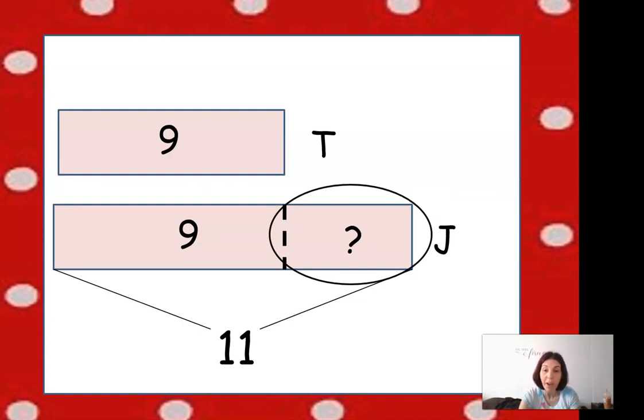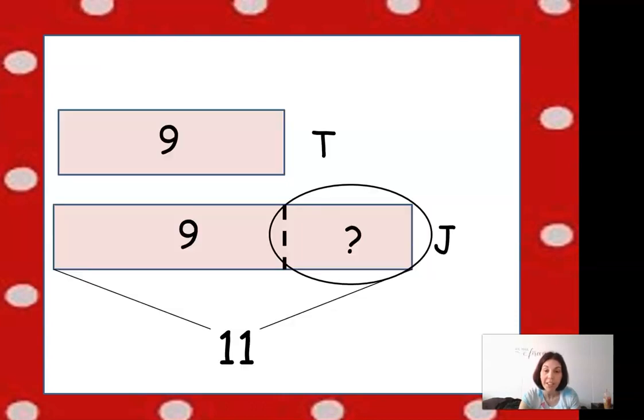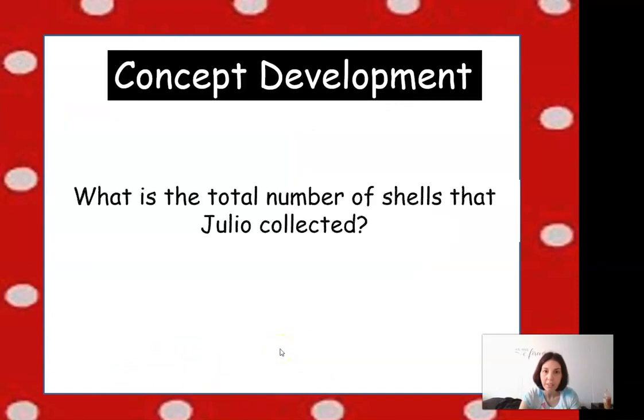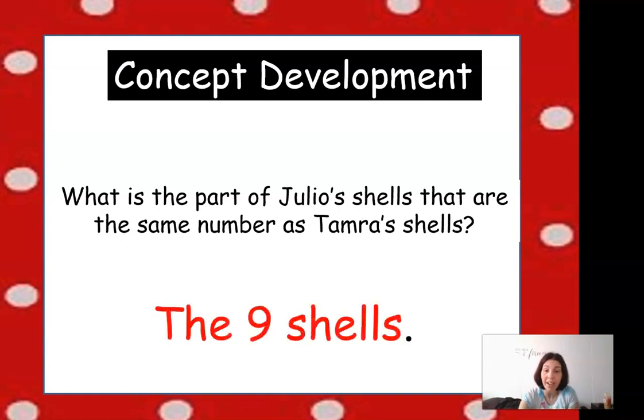So that's where we would put our what number? 2. 2 more. Julio did 2 more. The total number of shells that he collected was 11. And the part that's the same as Tamra is 9. They both did 9, but then Julio collected more.